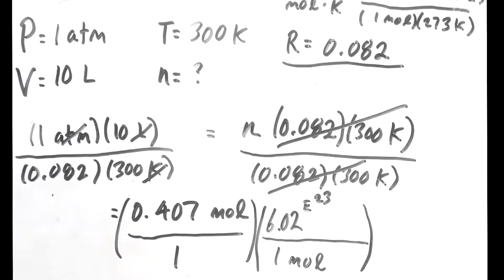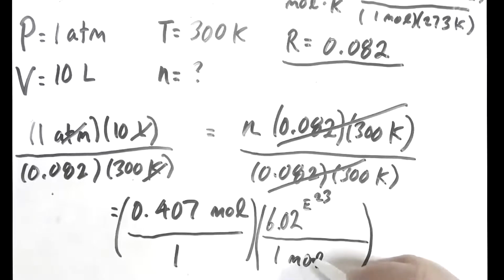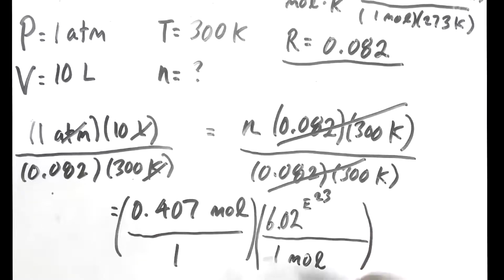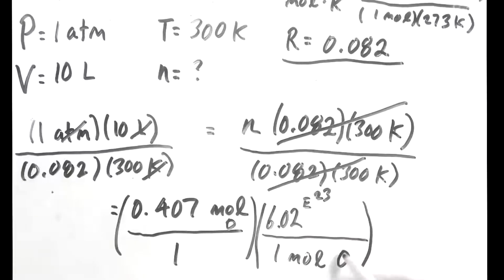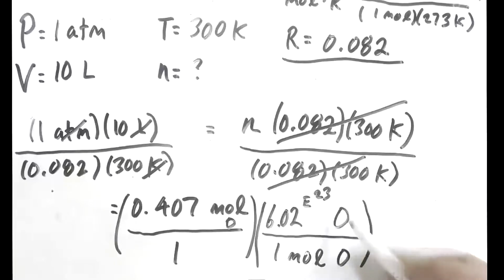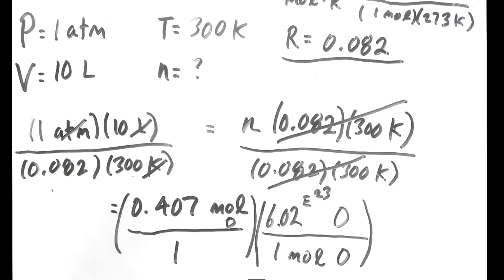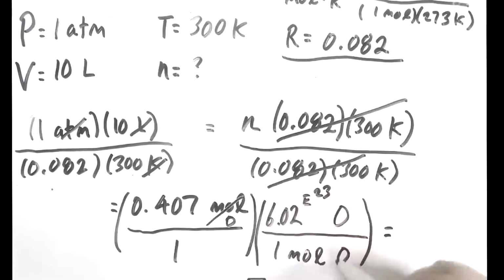The particle could be an atom, or it could be a molecule of some sort. Let's just say that this was moles of oxygen. So for every mole of oxygen, we would have 6.02 times 10 to the 23rd atoms of oxygen. Our moles of oxygen are going to cancel out, and this just becomes 0.407 times this very large number.